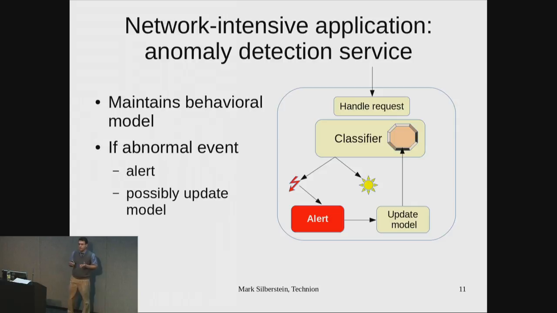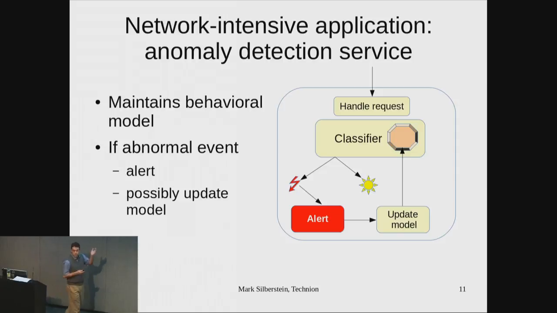So this is a pretty common anomaly detection service where the classifier can be of any complexity as you wish, from very simple, just averaging or thresholding, to very complex, doing some fancy classification like deep neural networks or whatnot.